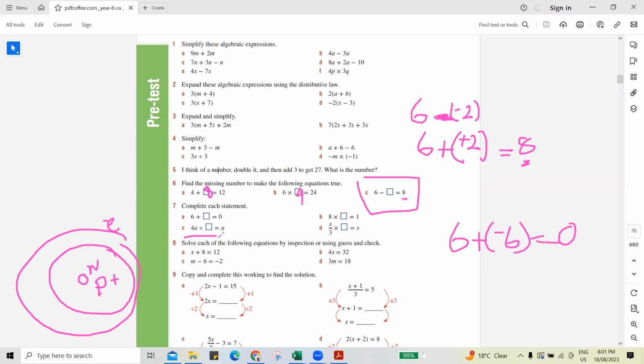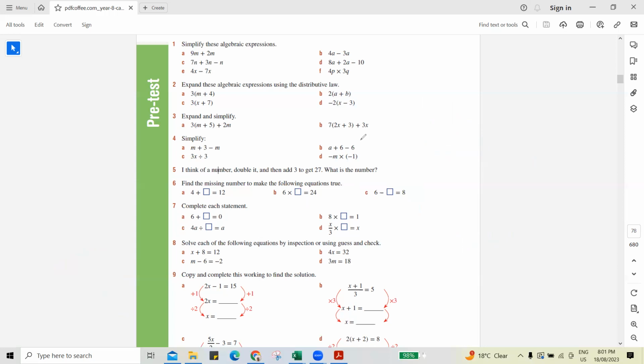Okay, this one you can fix. 4a divided by something becomes a. What is the number? 4a divided by 4.